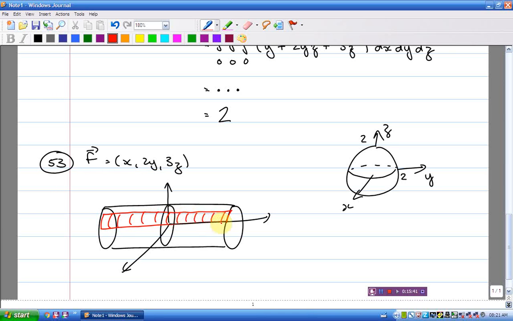It said something like S is a portion of the cylinder, x squared plus z squared equals 1, bounded at the top by z equals x and bounded at the bottom by z equals 0, and it ends up being that sort of strip of cylinder.